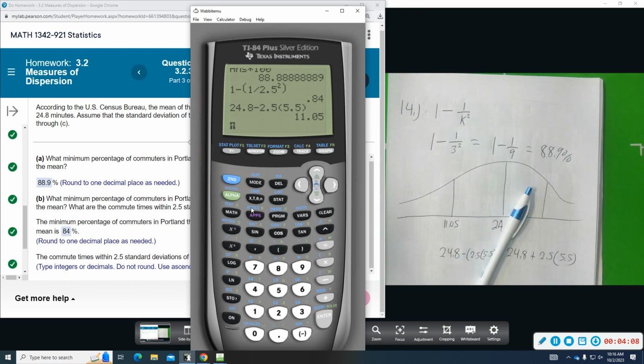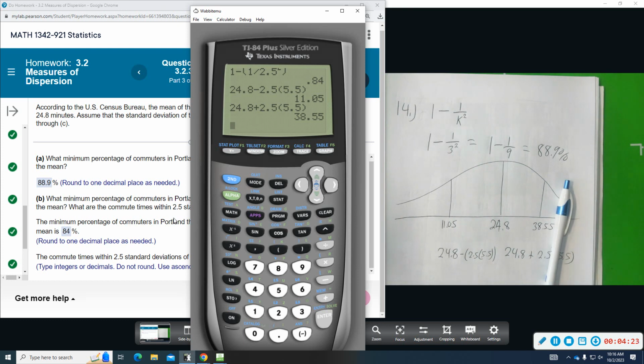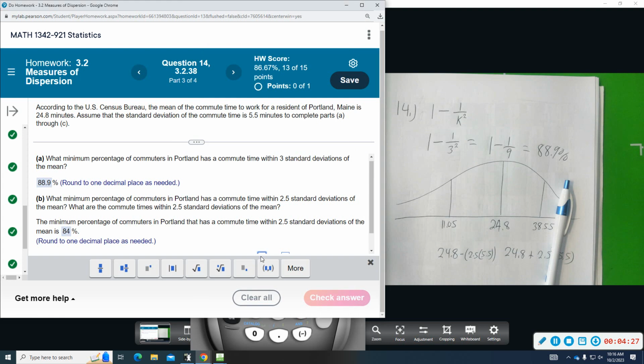And then if I do second enter and just type over the minus with the plus, I get 38.55. So 11.05 and 38.55.